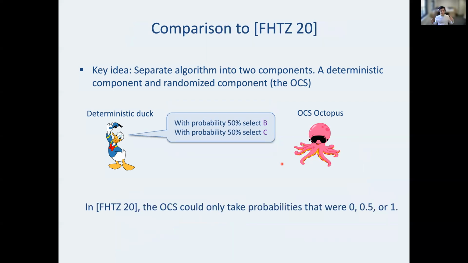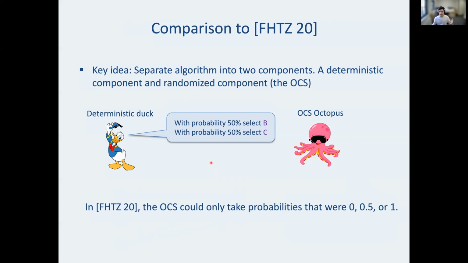And now, very briefly, to contrast the definition, or not the full definition, but the interface I just gave for our OCS. The difference between this OCS and the one in the prior work from last year's FOCS is that in their work, the OCS only selects a pair of elements, and it puts 50% probability on each thing in the pair. It's not allowed to select arbitrary probabilities.